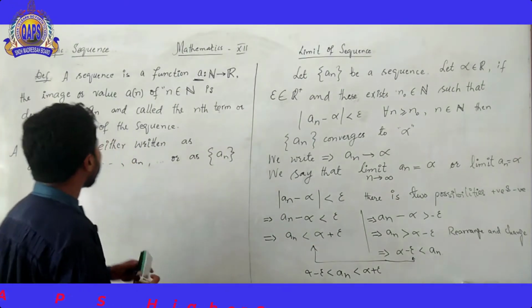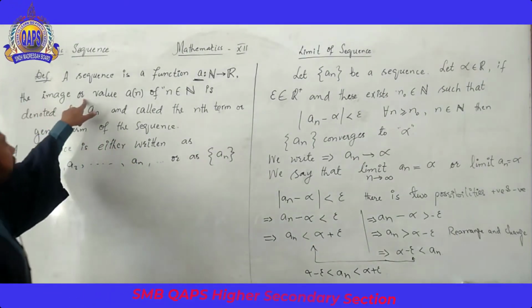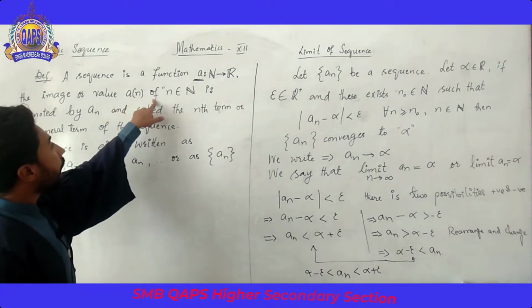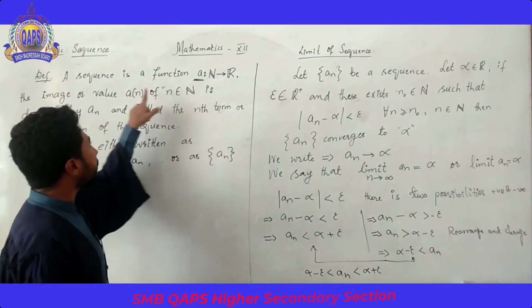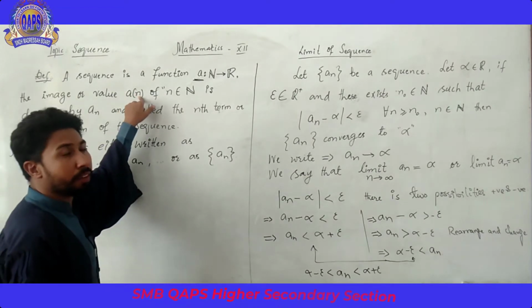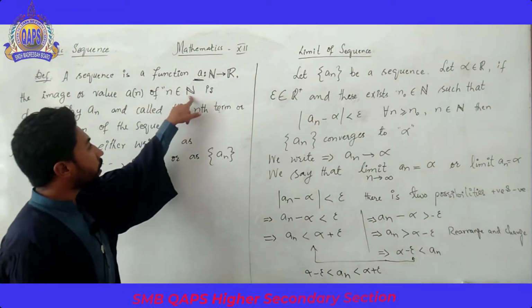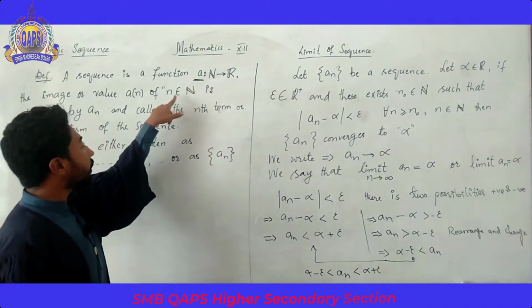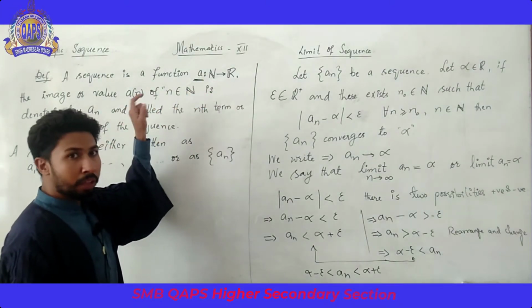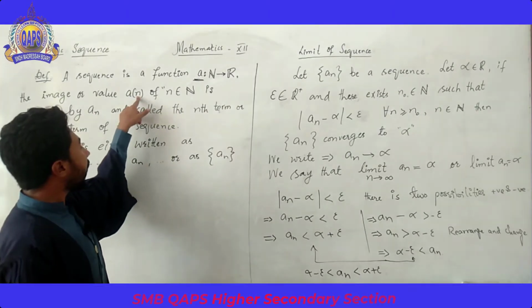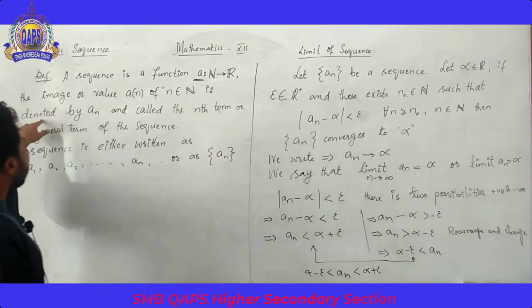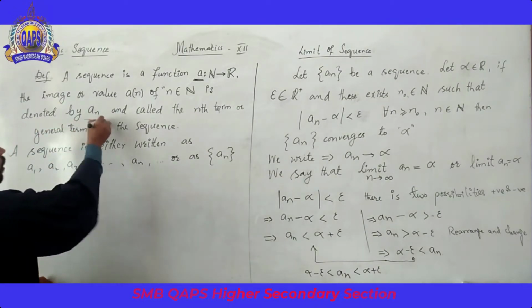The image or value of a(n), where n belongs to the natural numbers. Every point in the domain belongs to the natural numbers, because n comes first. So that's why we can say that n is the domain, and all the numbers belonging to the natural numbers are denoted by a_n.